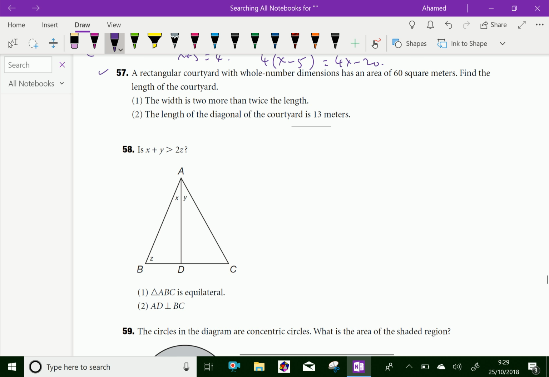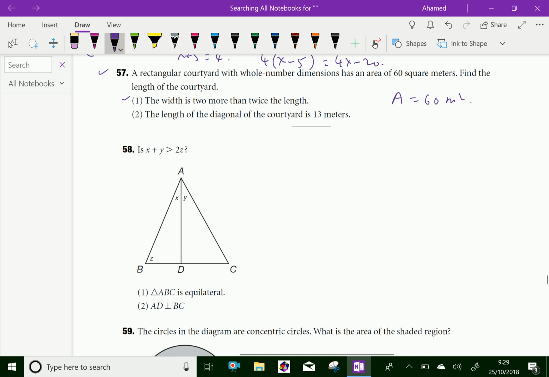Next, a rectangular courtyard with whole number dimensions has an area of 60 square meters. Find the length of the courtyard. The first statement is, the width is 2 more than twice the length.